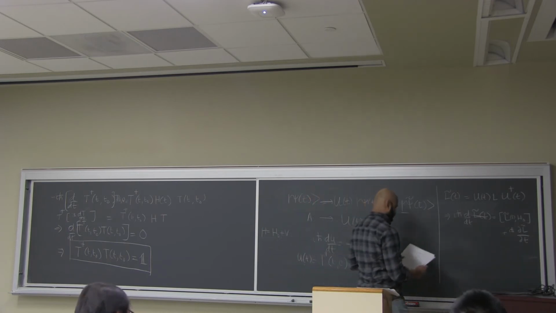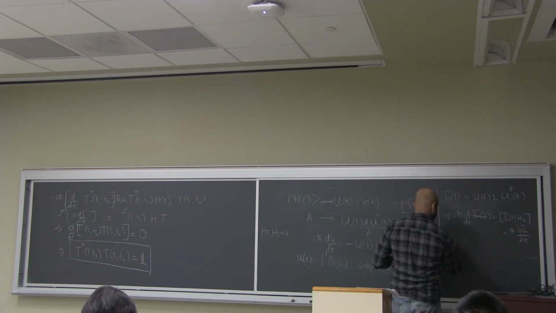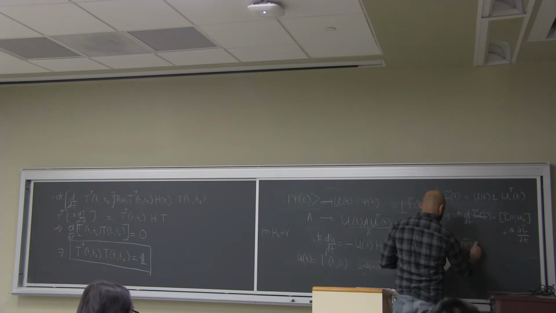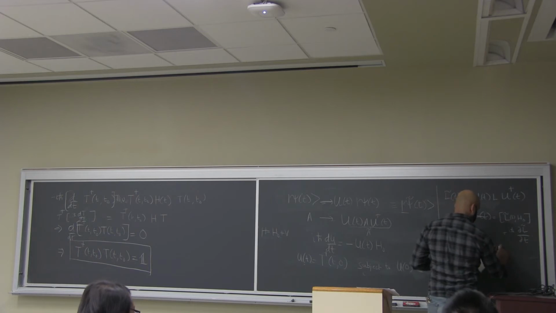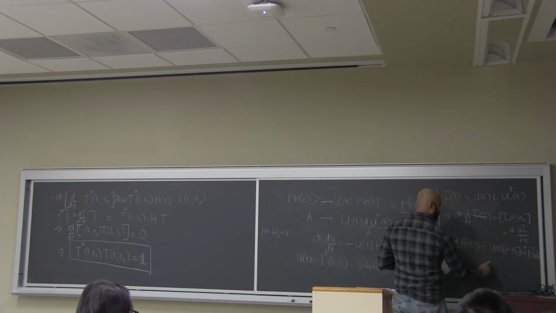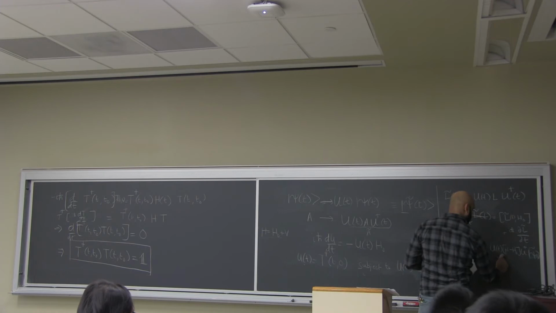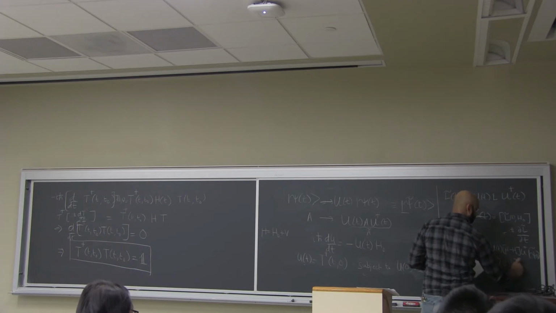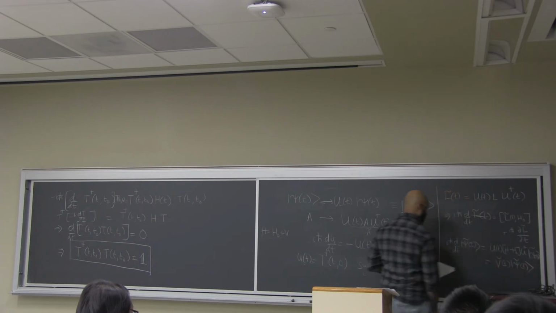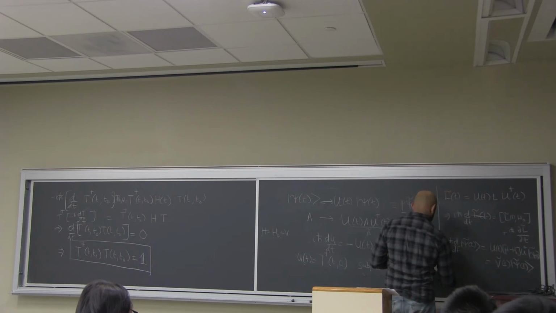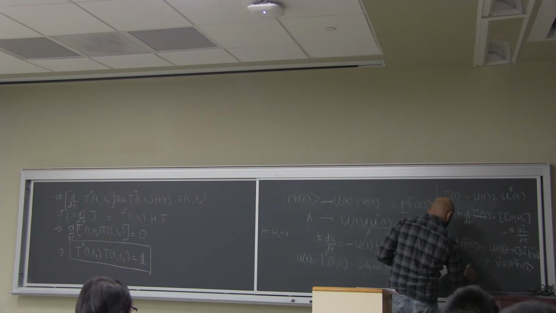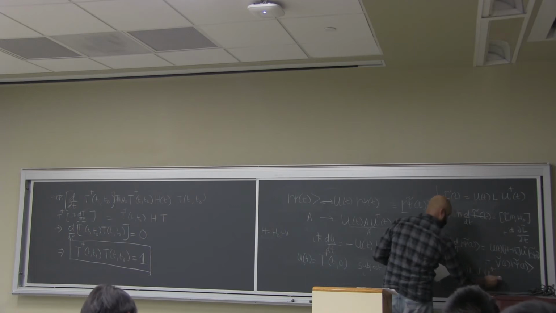Whereas the state ket, i h bar for this guy will go as U of t, H minus H naught, U dagger times psi tilde, and we see that the state ket then evolves according to V tilde of t times psi tilde. So this is what I said at the beginning, that V tilde here is equal to U, V, U dagger. Okay?